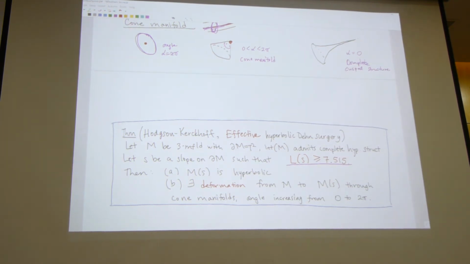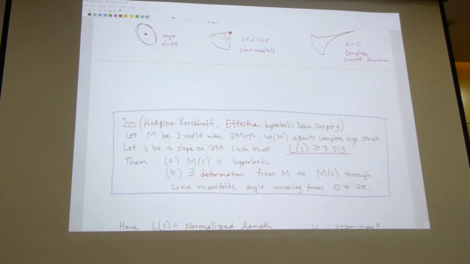And not only that, you can deform from this complete cusp structure on your right to the complete filled structure on your left through these cone manifolds. So you can go all the way by a sequence of cone deformations, as they're called, where the angle increases from 0 to 2 pi.